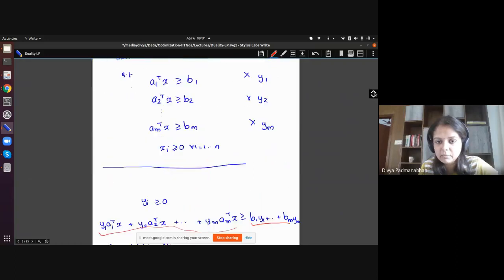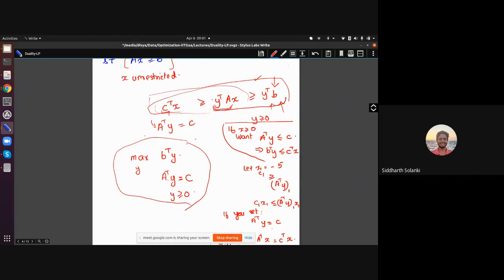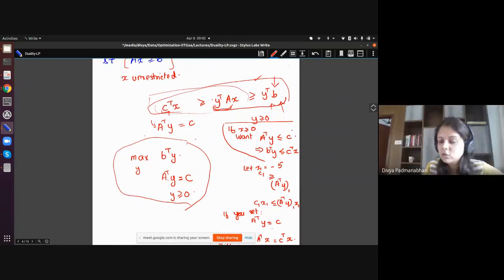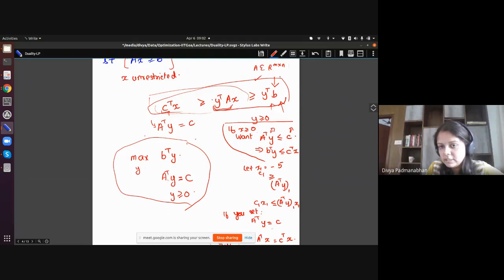But when we were comparing A transpose Y with C, we said A transpose Y should be less than or equal to C. C is a vector, and A transpose Y is also a vector, because A was in R^(m x n) and Y was in R^m. So this is a vector with n components, and this is also a vector with n components. So you're comparing term by term, component by component. It's not a norm.